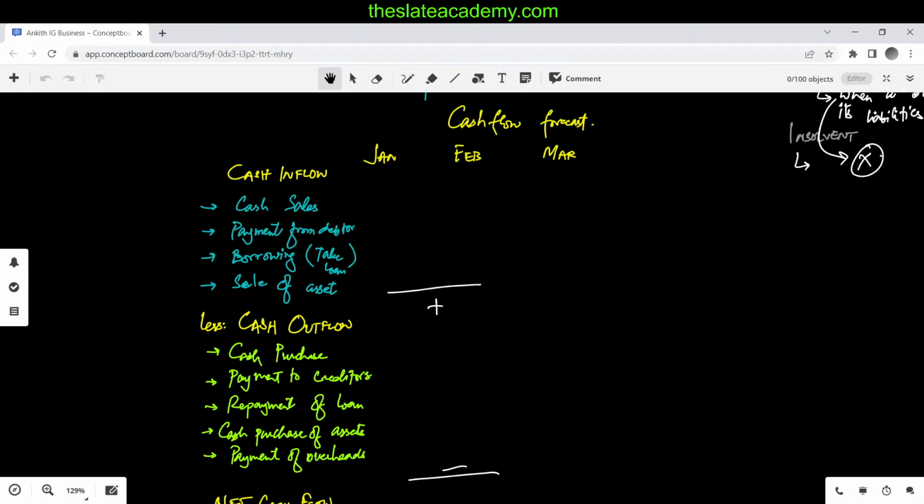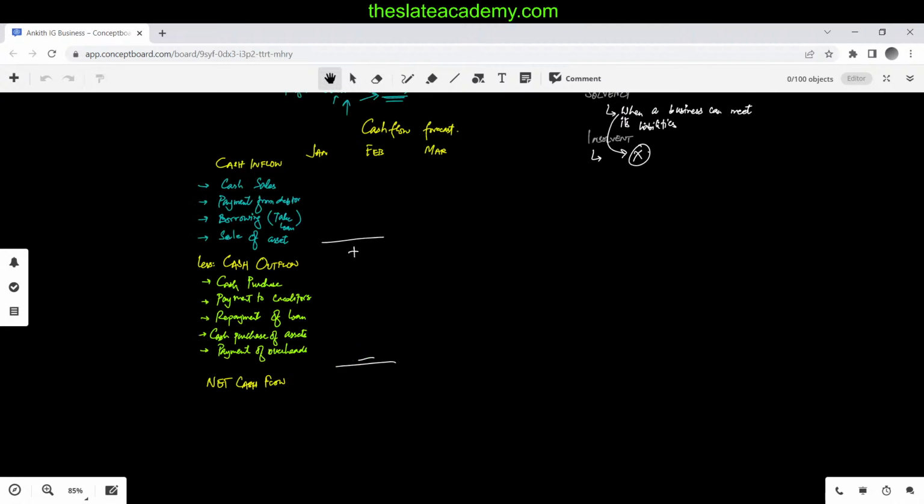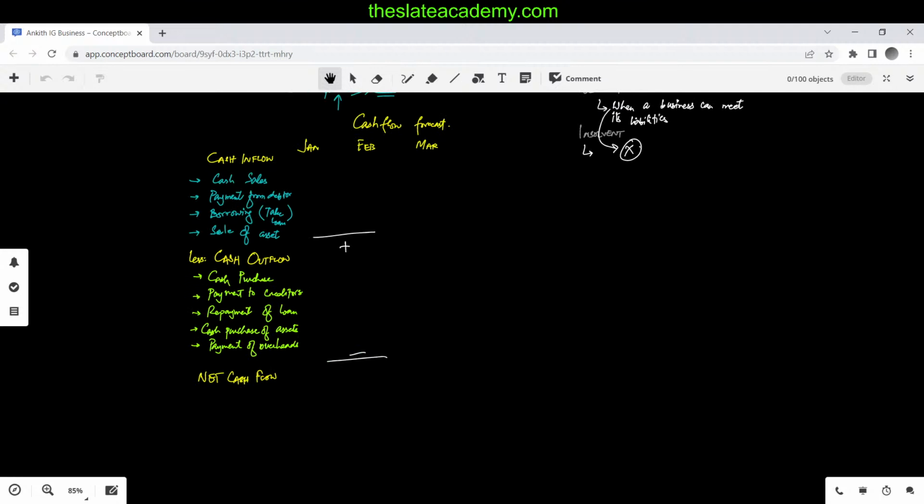And in net cash flow, I'll add the opening cash. Let's say the person just started the business, he wouldn't have any cash, but I'll just write opening cash over here, for the reason I'm about to tell you. And then if I add opening cash to it, I will get closing cash, right?